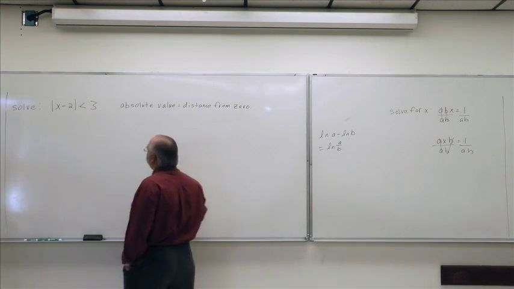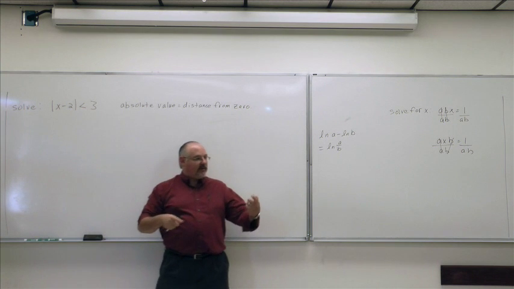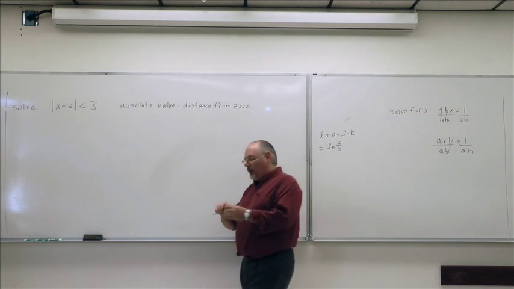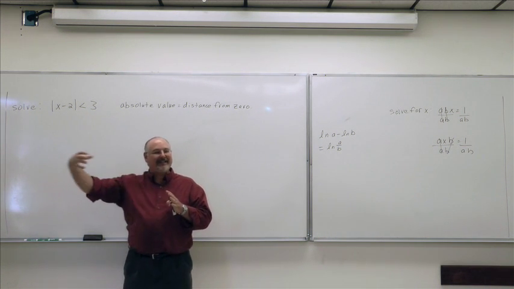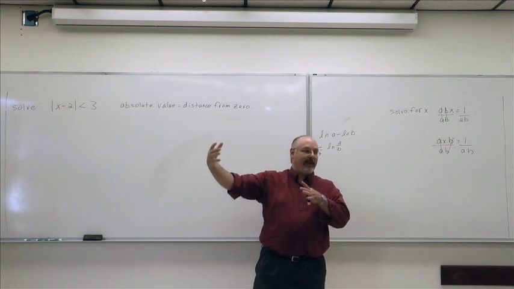So the distance from 0 of x minus 2 is less than 3. Now, whenever you have less than, your distance from a certain point is less than a certain amount.